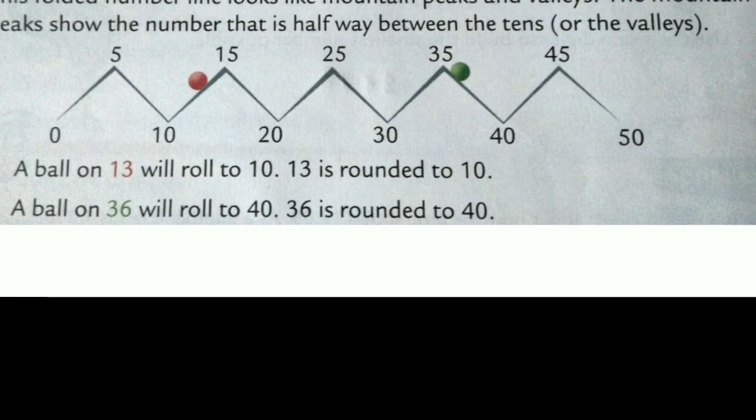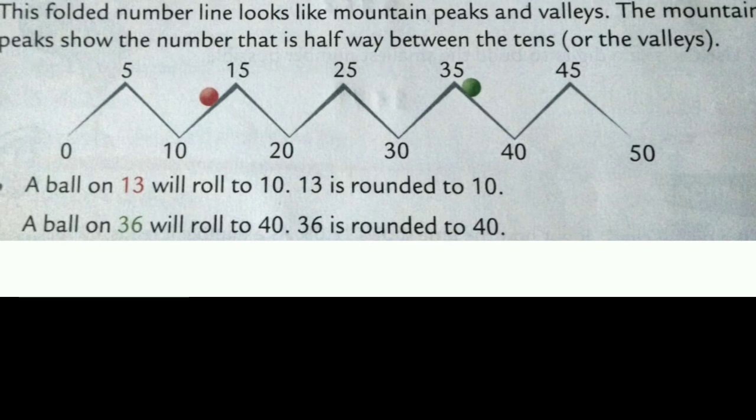See, one more way to find. Here is another way to look at it. This folded number line looks like mountain peaks and valleys. The mountain peaks show the number that is halfway between the tens. Here, see 0, 10, 20, 30, 40.